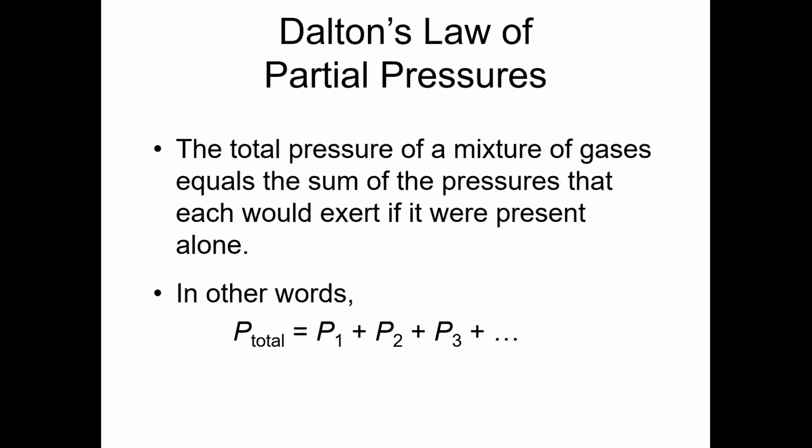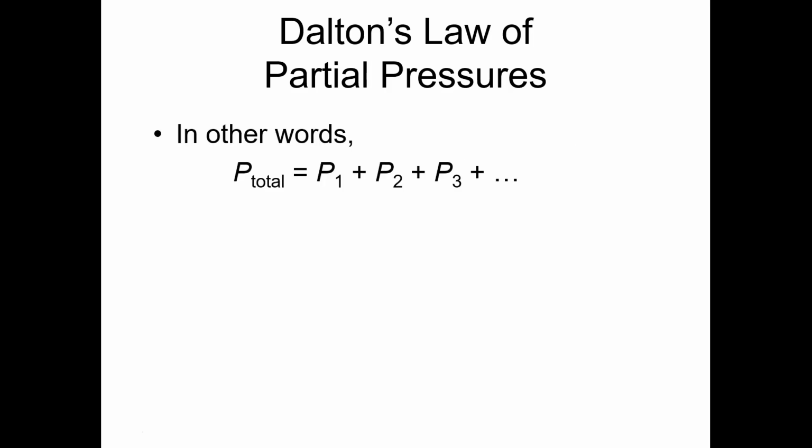Now let's think about this in terms of something a little more concrete: air. P total for air is equal to the partial pressure of gas 1 plus the partial pressure of gas 2 plus the partial pressure of gas 3, etc. We can really think of air as being made up of three things primarily: 99.9% of air is nitrogen, oxygen, or argon.